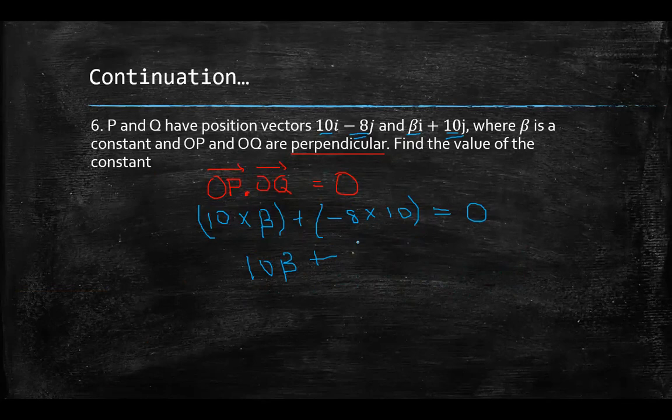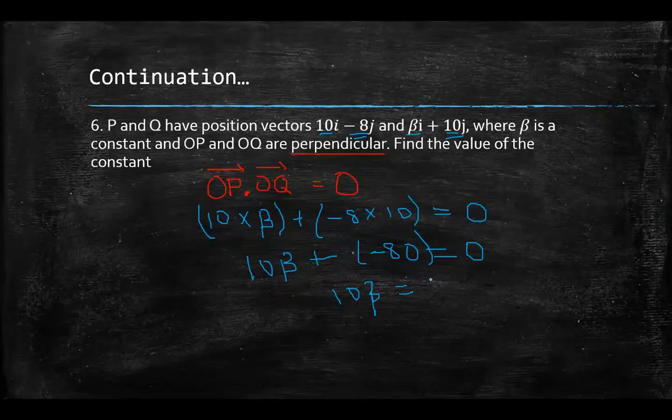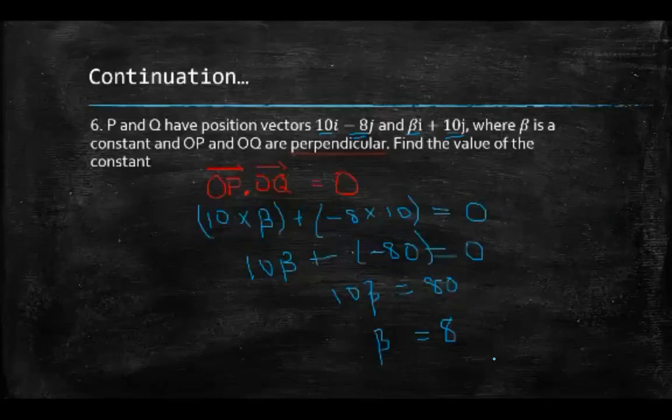Minus 8 multiplied by 10, that's minus 80. You give me 0. I add 80 on both sides, so I end up with 10 beta equal to positive 80. Then divide both sides by 10 because I want beta. So beta has to be equal to 8. And that's the answer. Do you understand that?